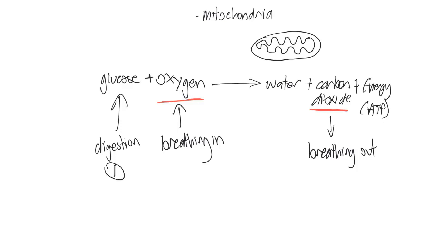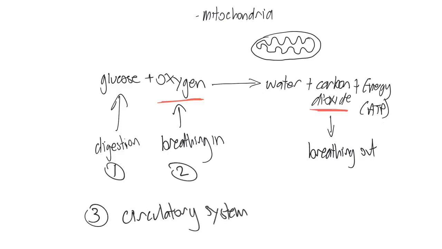Digestion, the breathing system or the respiratory system, but of course the other one, how do we get this glucose and this oxygen to the cells? Of course we need a third one, which is the circulatory system. And then of course a fourth one, which is the excretory system.